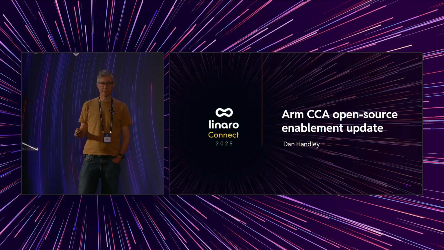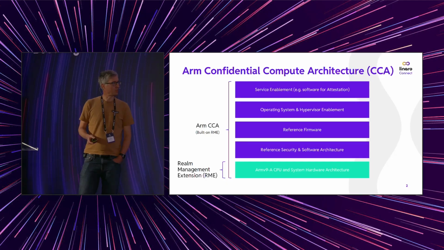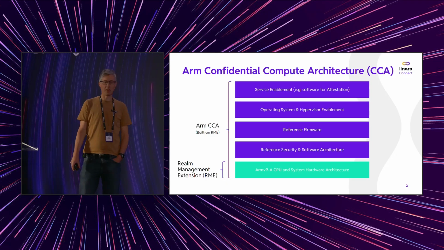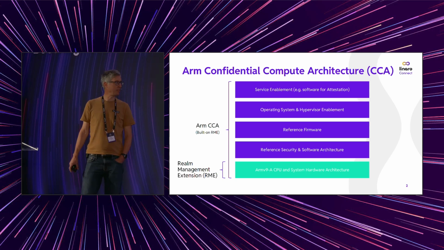Okay, let's get going. Just a quick reminder: ARM CCA builds on ARM's CPU Realm Management Extension, and that's the hardware and system architecture, the CPU and system architecture.